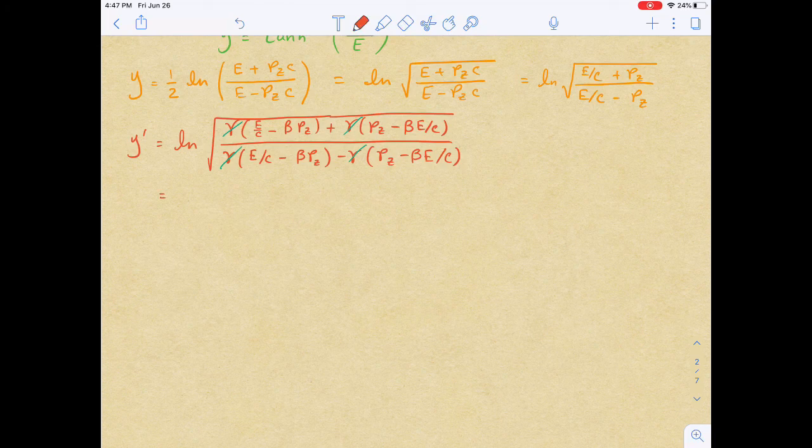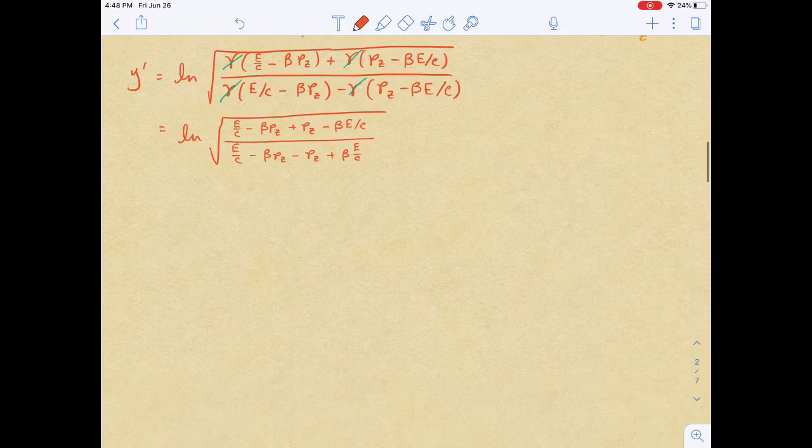So we're left with natural log of square root of e divided by c minus beta pz plus pz minus beta e divided by c. Similarly in the bottom, e divided by c minus beta pz minus pz plus beta e divided by c.